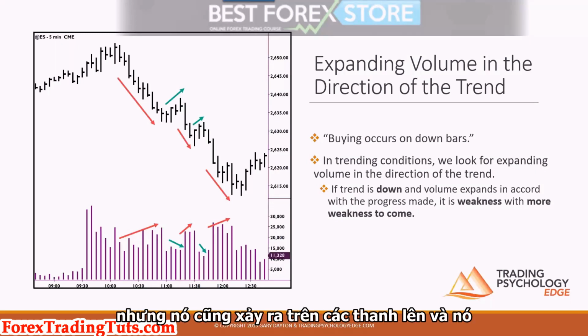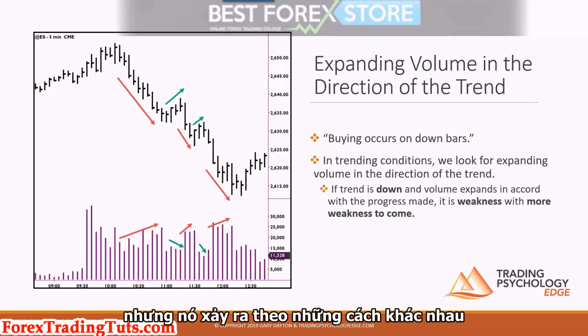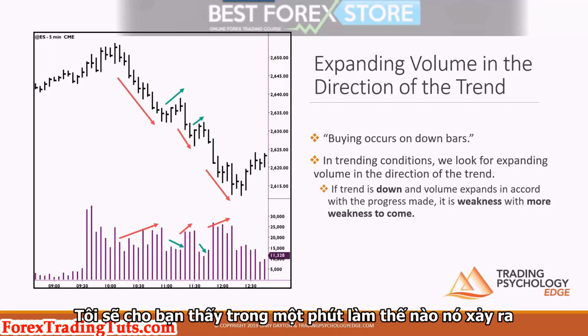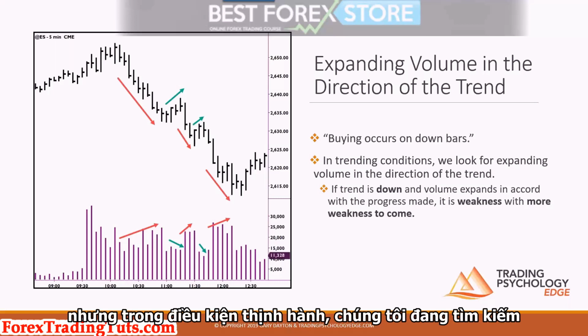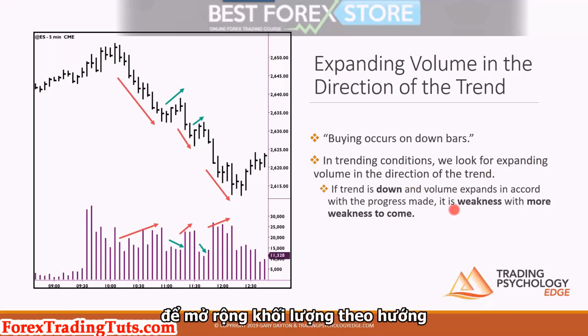But it also occurs on up bars, and it occurs in different ways. And I'll show you in a minute how it occurs. But in trending conditions, we're looking for expanding volume in the direction of the trend.